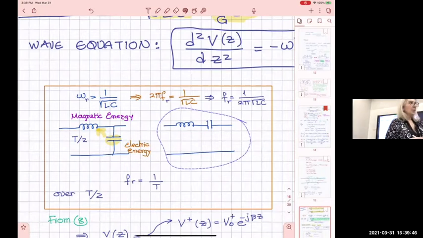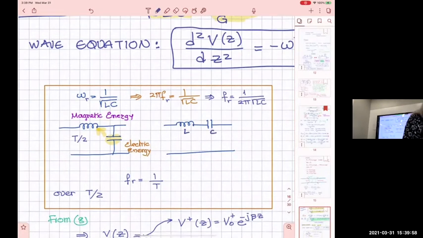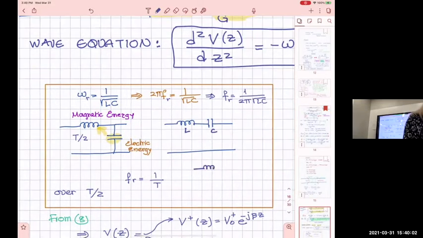What is the other configuration? Neither. Thank you. It's neither of the two, all right? If people say I have a series LC, they mean this one. If people say that I have a shunt LC, they mean this one.